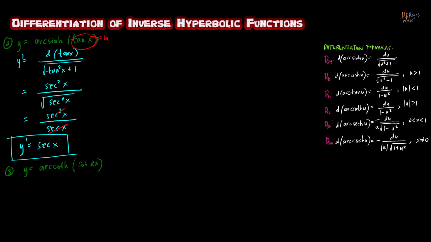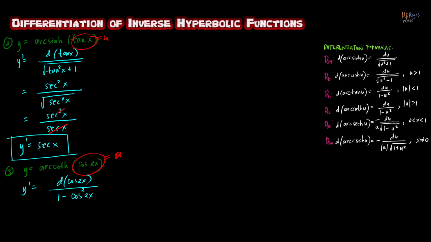This is example number 3, y equals arc hyperbolic cotangent of cosine of 2x. So this is in the form D32, where u is equal to cosine of 2x. So y prime according to D32 is equal to du, so that's the derivative of cosine of 2x, over 1 minus u squared, where u is cosine of 2x.